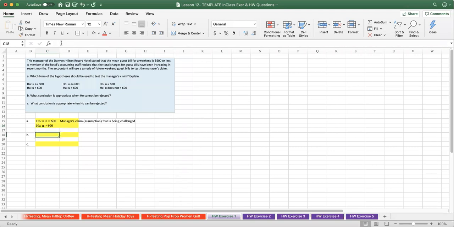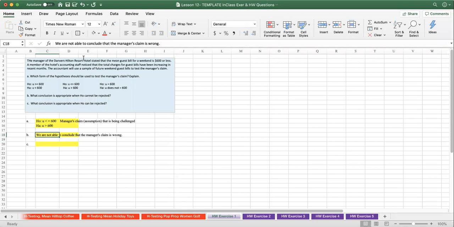Okay, B, what conclusion is appropriate when H0 cannot be rejected? In that case, we are not able to conclude that the manager's claim is wrong, right? Remember during our lesson, I said that we usually set it up so that we either can't reject the null hypothesis or we can reject.